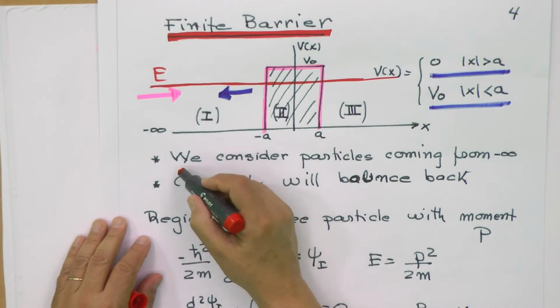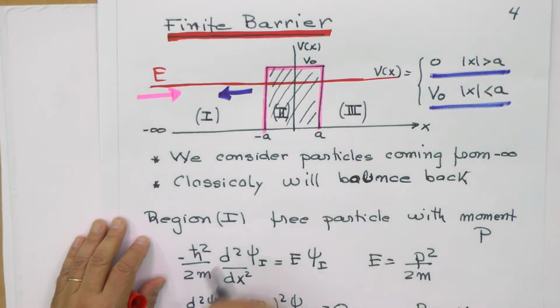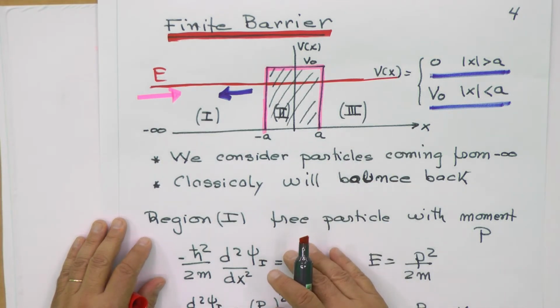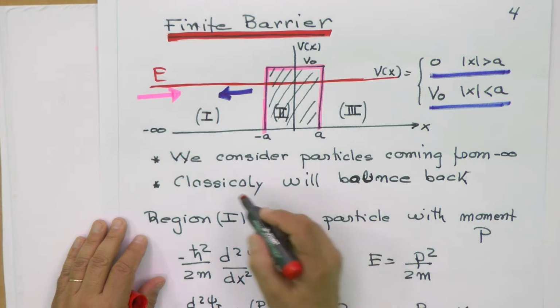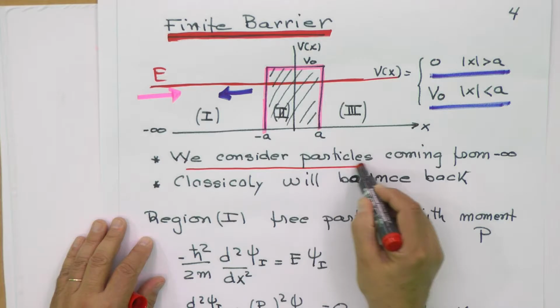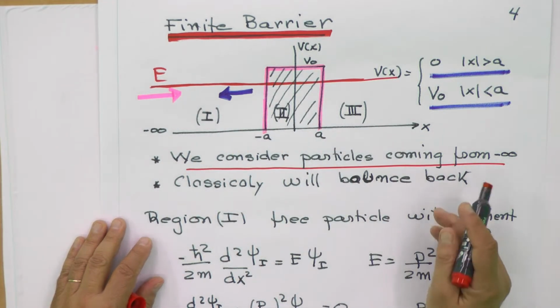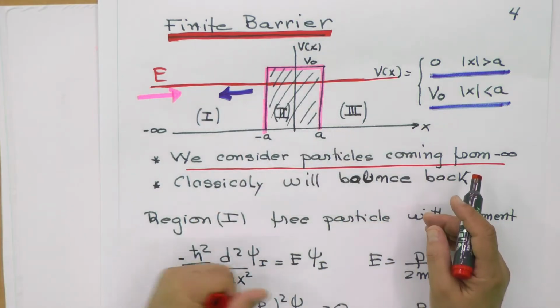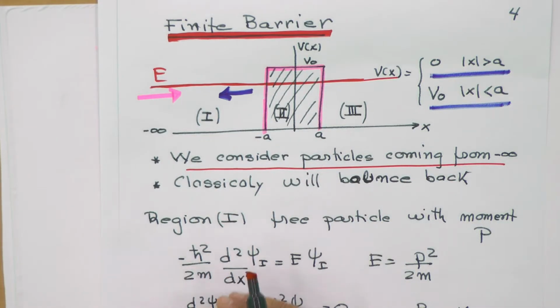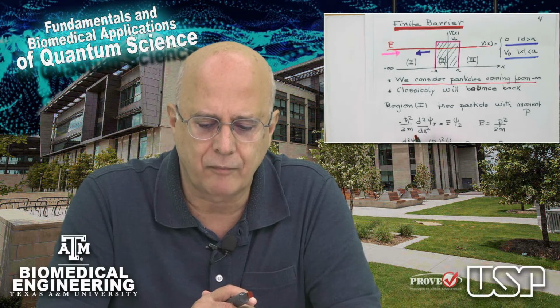We're going to consider electrons, but particle, it doesn't matter. We call them electrons because normally the electron is a very important movable particle everywhere. But these particles will come from minus infinity. We don't know where they are formed and they are coming here. So there is a flux of particles coming. We normally refer to an incoming flux of probability.